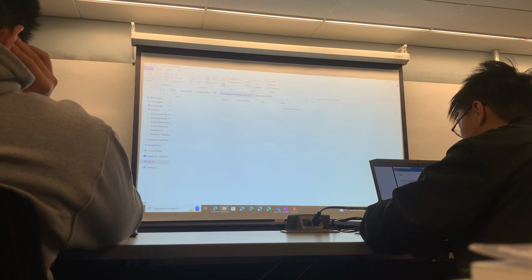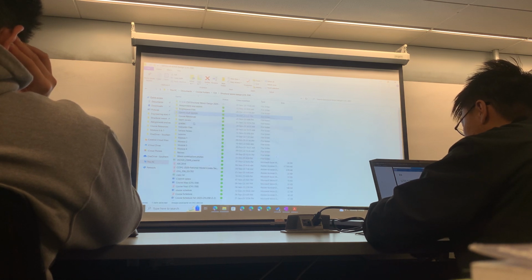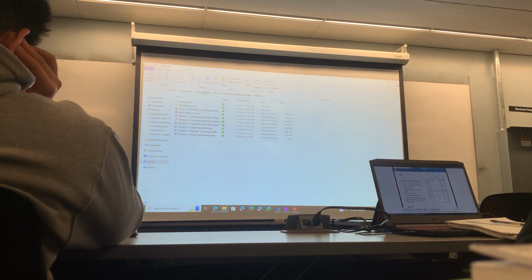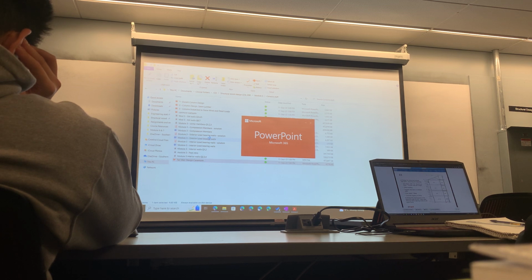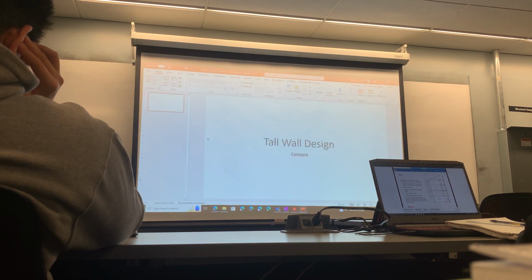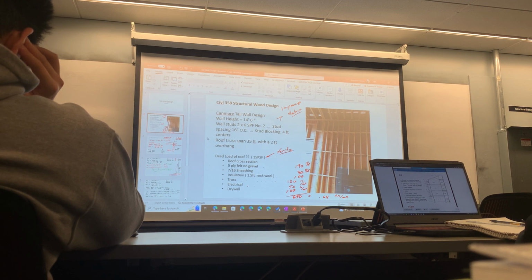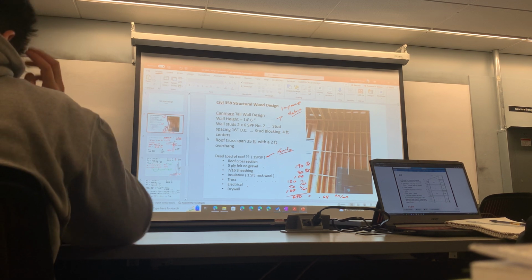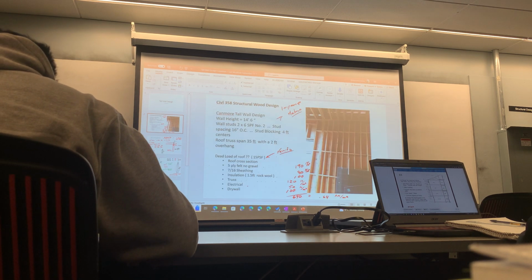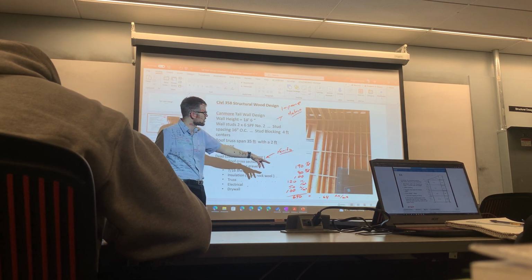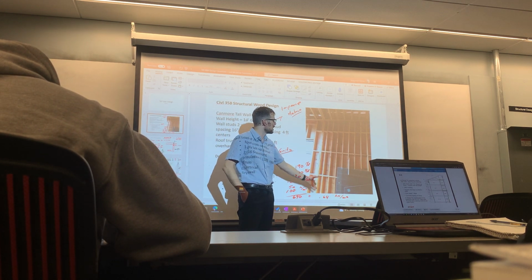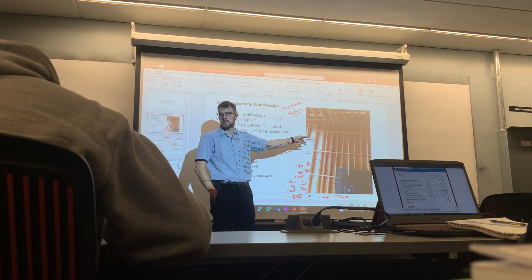So this is a regular tall wall with long studs, and depending on the case you might use a crane to lift something like this, right?